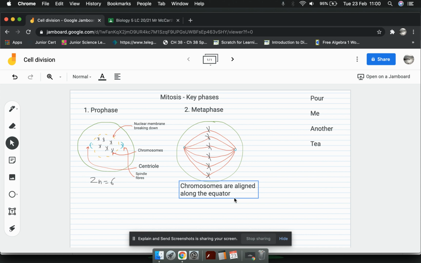You could also say the spindle fibers are connected at the centrosome. And there's one final point I could mention: the nuclear membrane is gone.